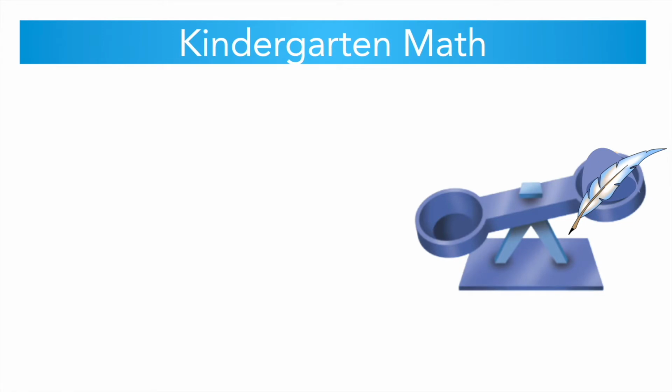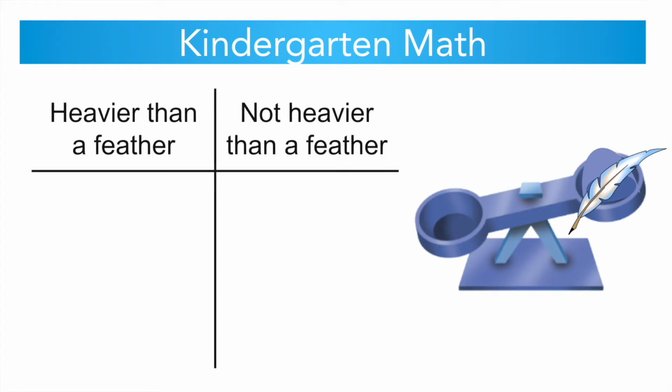Students will also categorize objects by attributes of their choosing. In this example, any object heavier than the feather. Students may make a chart, as they have practiced in the past, to organize their thinking, or move objects to an area and designate what that area means. In this example, heavier than a feather or not heavier than a feather.